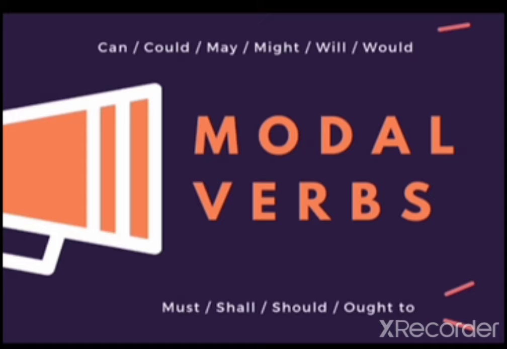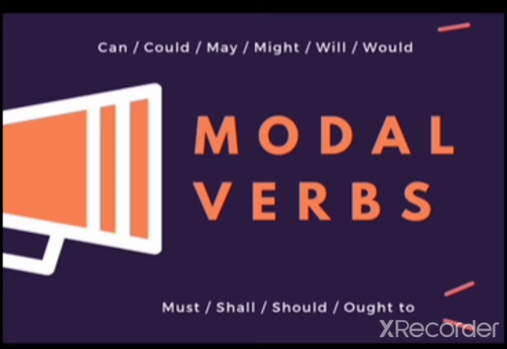A modal verb is a type of helping verb. They are also referred to as modals. Now we will see which all are the modal verbs. They are can, could, may, might, ought to, will, would, shall, should, must, and need to.